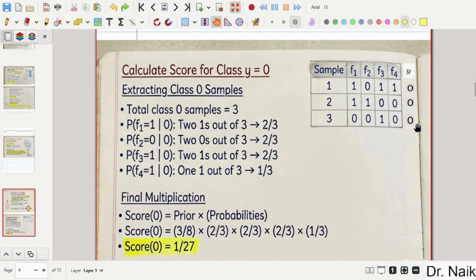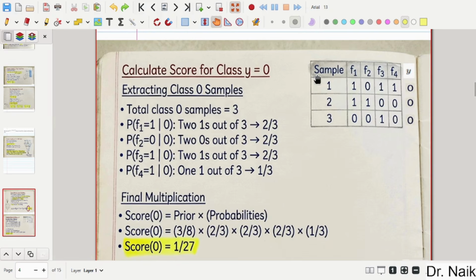Now the probability of f1 equal to 1 given 0 is 2 divided by 3, where 3 is the total number of samples with class 0, and 2 because 1 occurs in 2 samples. Similarly, the probability of f2 equal to 0 given 0: 0 occurs in the first and third samples, so 2 times, so 2 divided by 3.